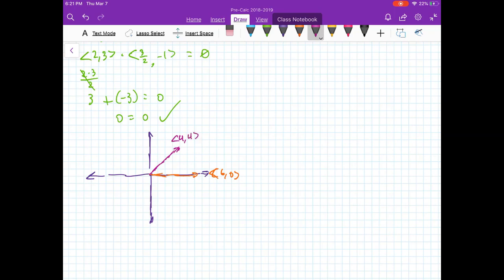Now, if I wanted to project one vector onto another, here's what I'm saying. Let's say I wanted to see how much this purple vector impacts the orange vector, how much it actually affects the orange vector if we put them together.